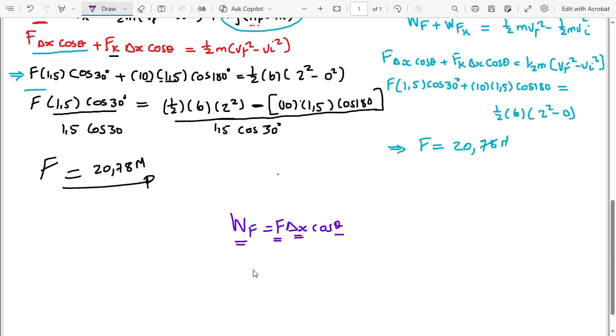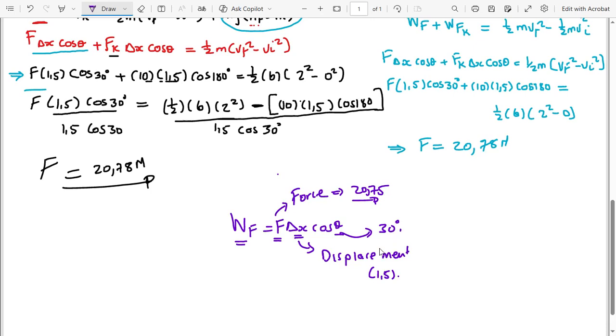So when we add the 2 kg block on top of that one, this does not change the size of any of these quantities. We still have the force as 20.75, because they said the same force, and the displacement is still 1.5, and the angle theta is still 30 degrees.